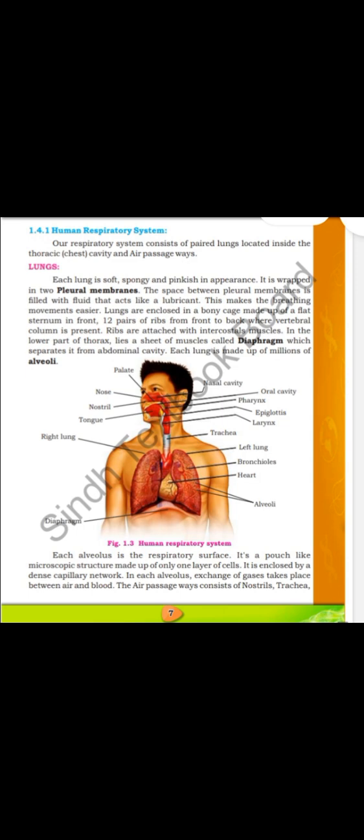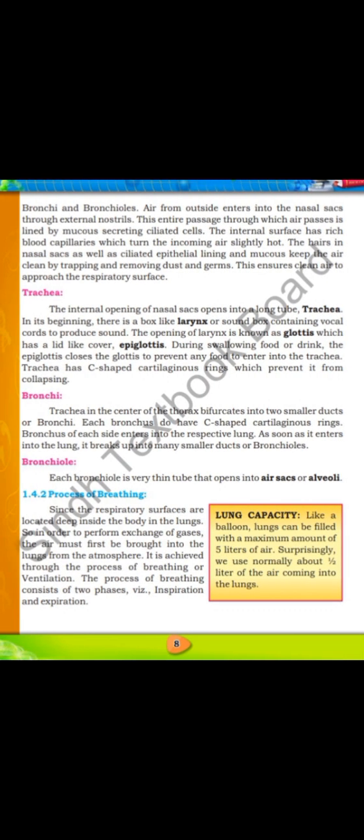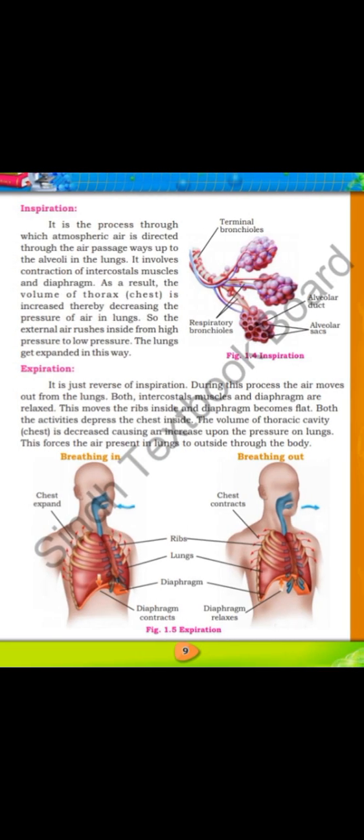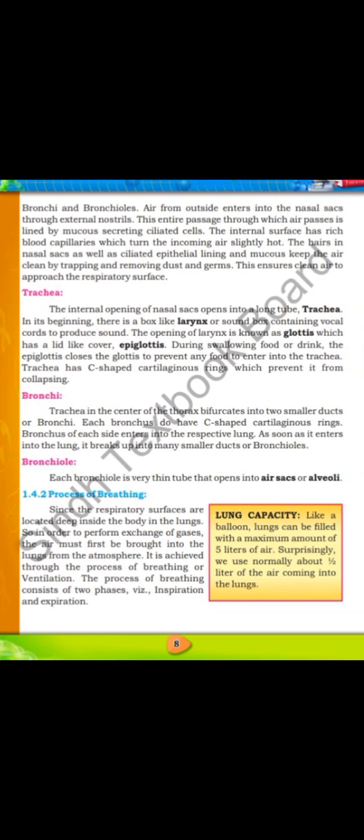So dear students, in our previous lectures, we had started human respiratory system, and we had studied that human respiratory system consists of a pair of lungs, and then the passage of respiratory system, which starts from nasal sac and then trachea, bronchi, bronchiole, and then we had studied the process of breathing, which involves inspiration and expiration, and we had also discussed the lung capacity.